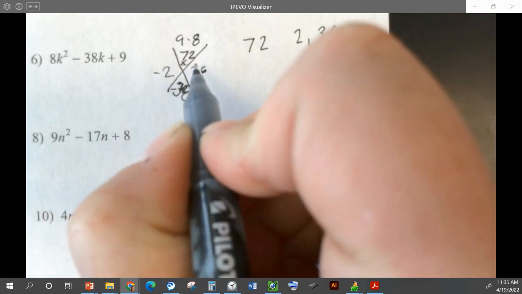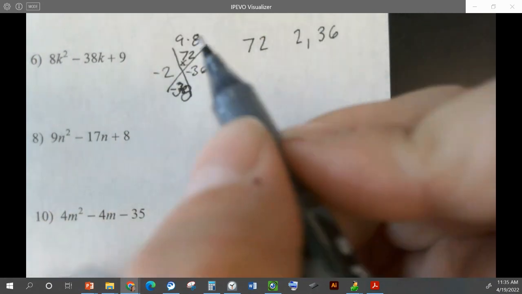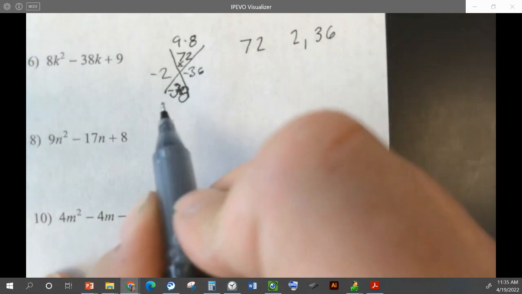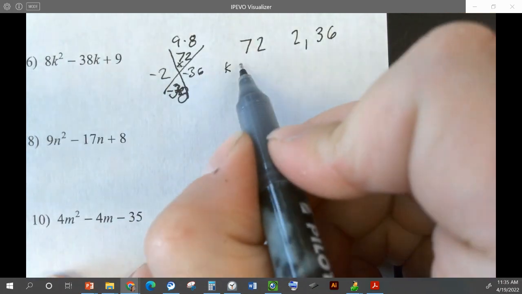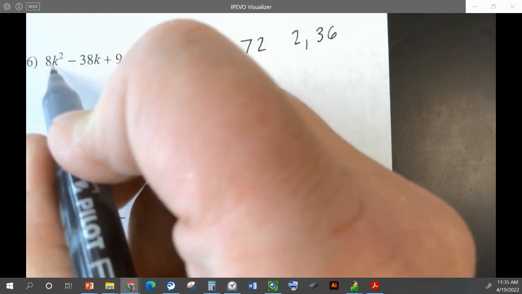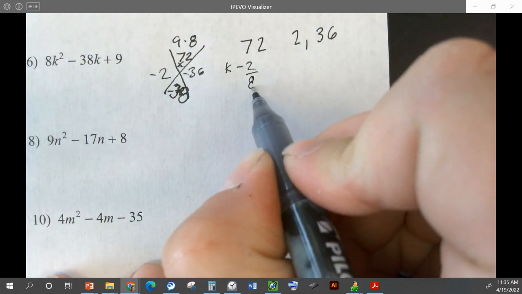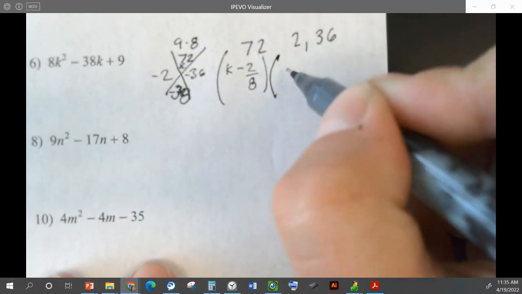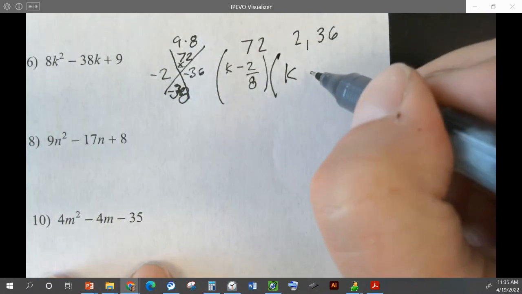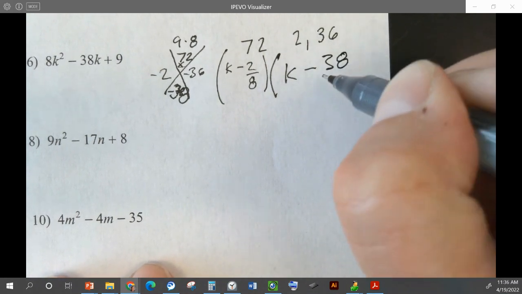These are both going to be negative, negative 2 and negative 36. And I'm going to write k as my variable, k minus 2 divided by a. Here, a is 8. And then k minus 38 divided by 8.